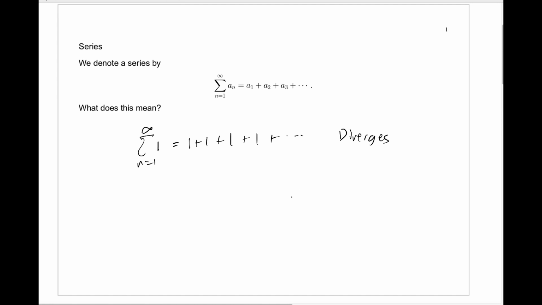If we go back over here to this example, the partial sums S sub n, that's just 1 plus 1 plus 1 plus 1, n times. That's just n. And of course, the sequence n, we've already seen this sequence diverges. There's no limit. The sequence grows without bound.